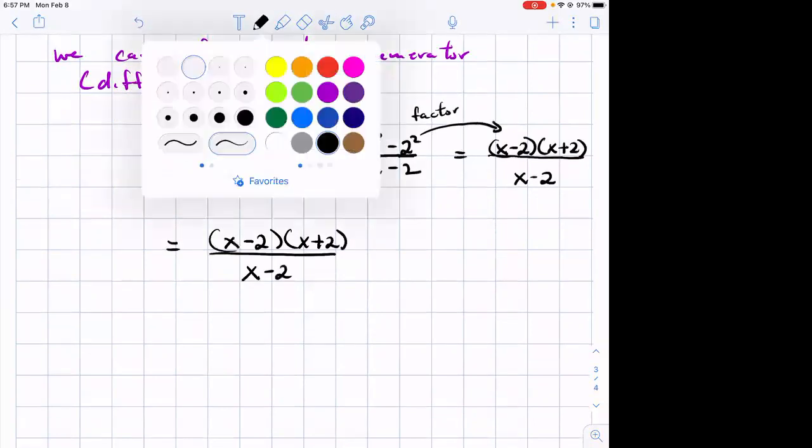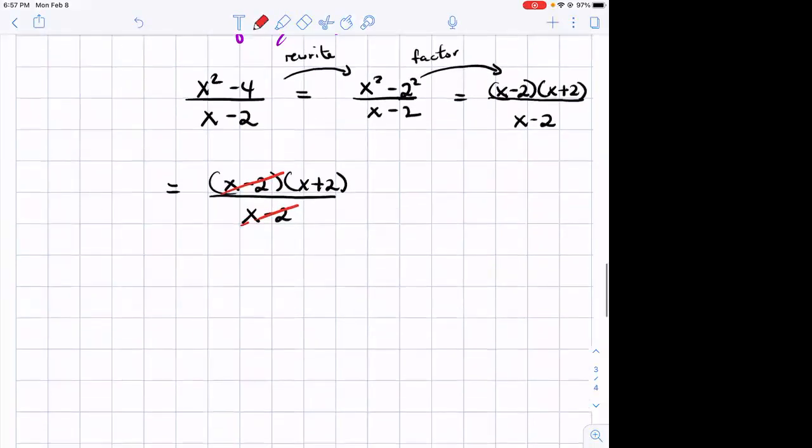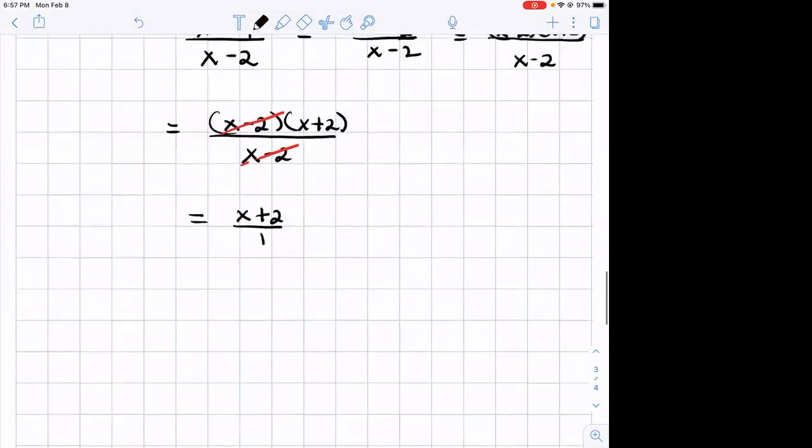And now you will notice that this numerator will cancel with that denominator, leaving you with x plus 2. So this is our simplification. Well, you can say x plus 2 over 1, which is equal to x plus 2. So there is a simplify by factoring.